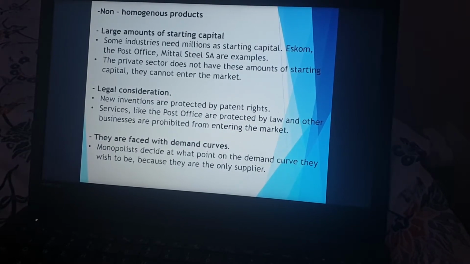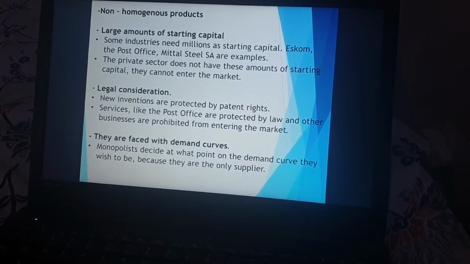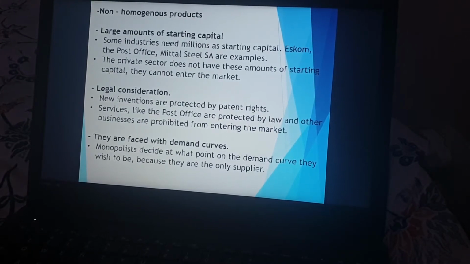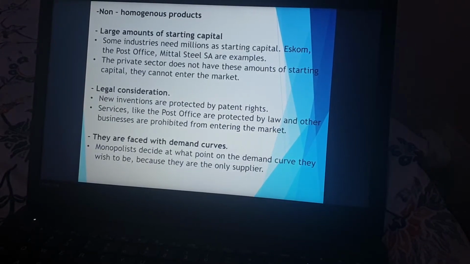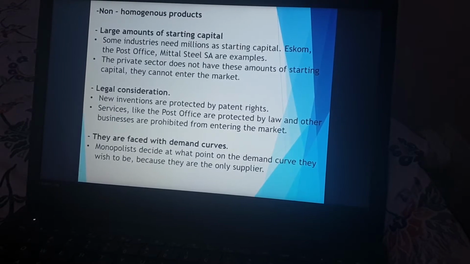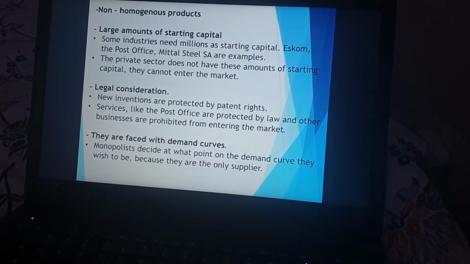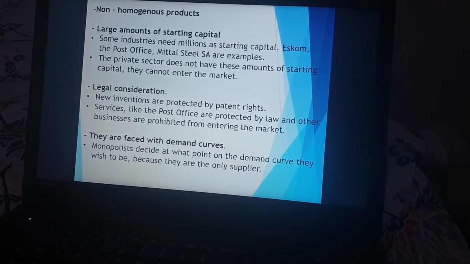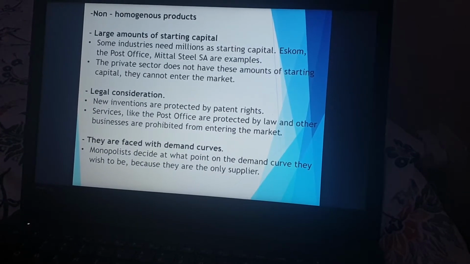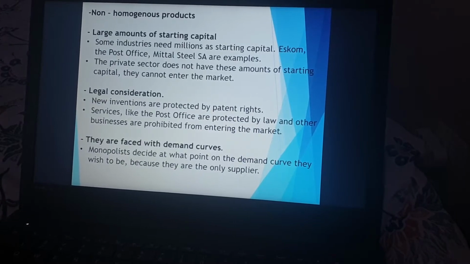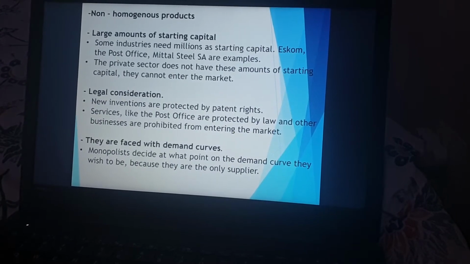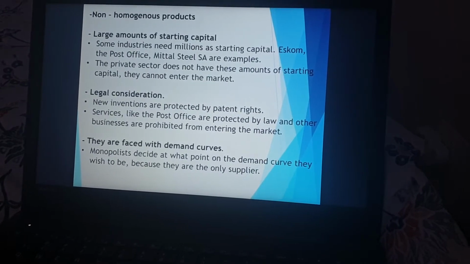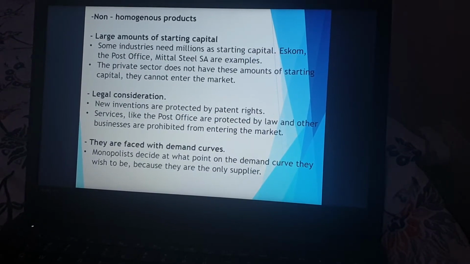So if I have a vacuum cleaner and this vacuum cleaning business is owned by the government, I cannot go and make another vacuum cleaner. Alright, because according to law, how monopoly is protected is according to patent right. So only the first one that came up with the idea is then actually allowed to sell in a monopoly.